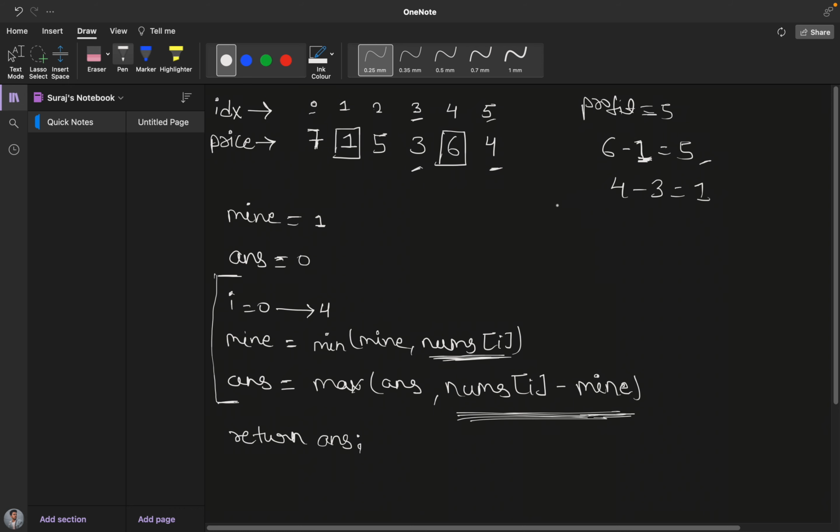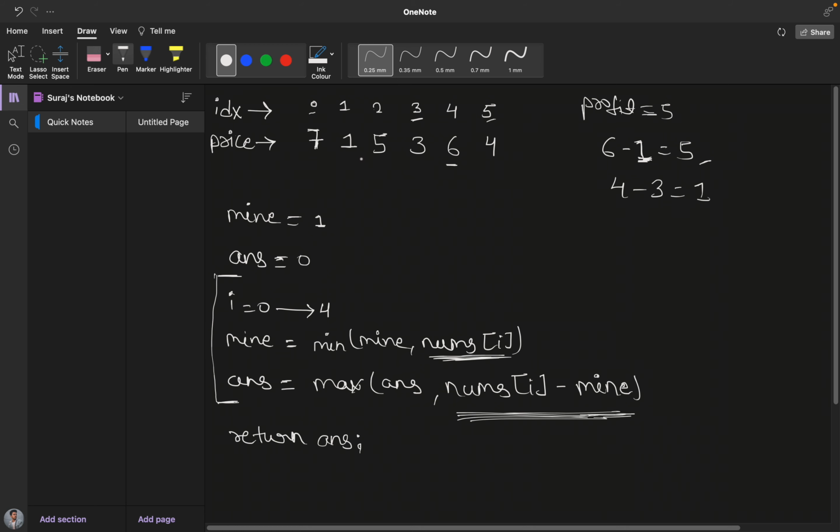Now let's try to think of the approach for solving this question. Now suppose you are on this day, you are on 4th day. Now tell me, on which day would you like to buy the stock to maximize the profit?